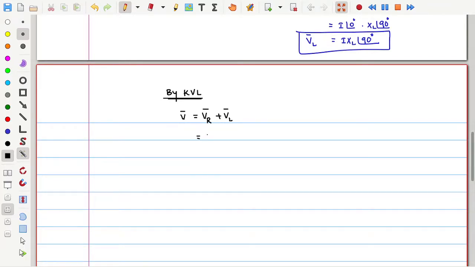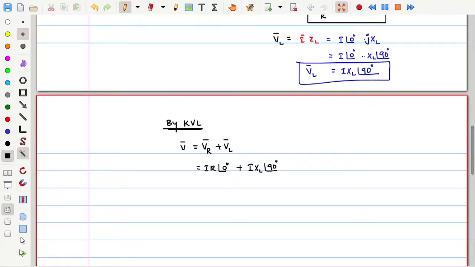So quickly substitute this. How much is the VR? I into R at an angle of 0 plus I into XL at an angle of 90. Now, whenever you have addition, it is better to express in rectangular form. Whenever you have multiplication, it is better to express in polar form, so that the addition and multiplication both become easy.